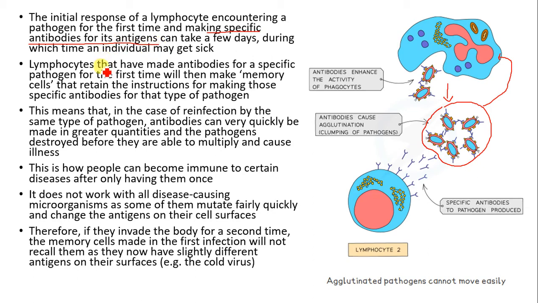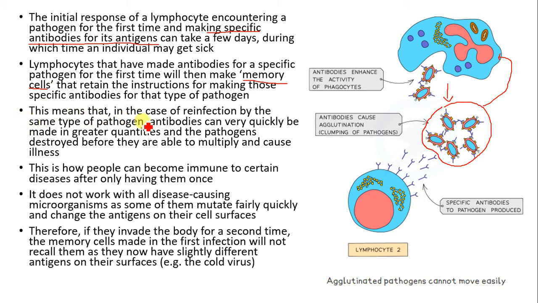However, lymphocytes that have made antibodies for a specific pathogen for the first time will then make what are known as memory cells. Once it does it for the first time, it will make memory cells that retain the instructions for making those specific antibodies for that type of pathogen.